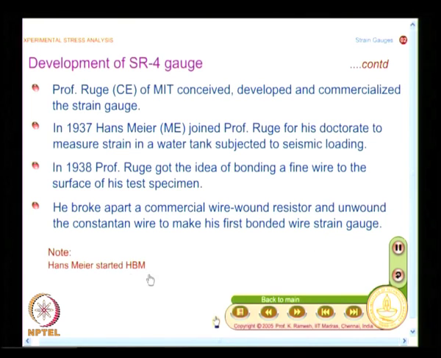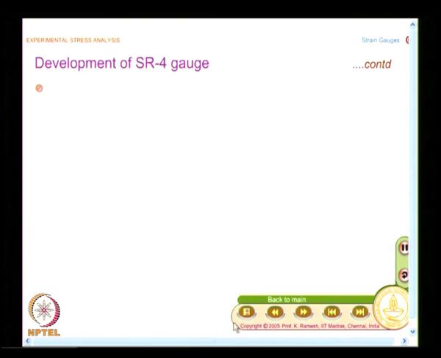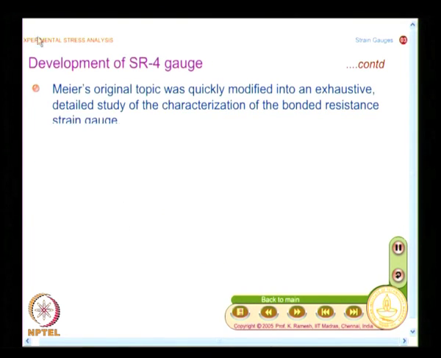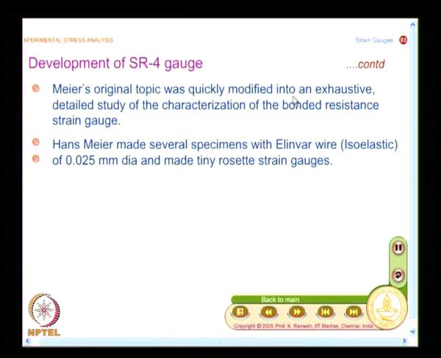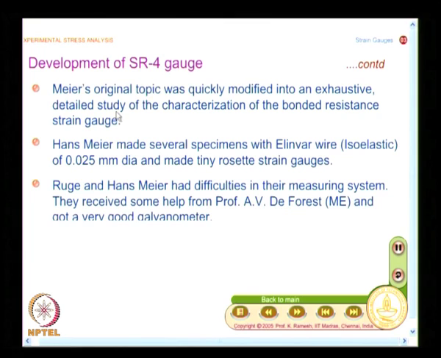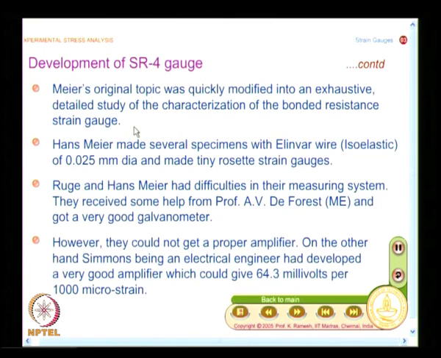And you have a famous company, BLH, which was started by Hans Meyer, and his whole thesis topic changed.